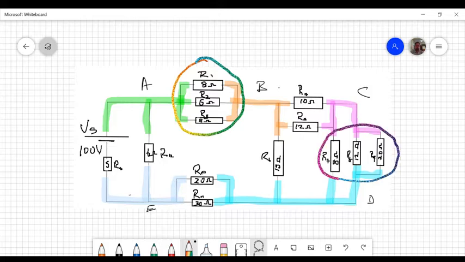Let's look at this 10 and this 12 ohm resistor. Again, the 10 and 12 on the input side are connected together, and the 10 and 12 on the output side are connected together. And so we can say that that's in parallel. What about the 15? Well, we'll talk about the 15 in a second.